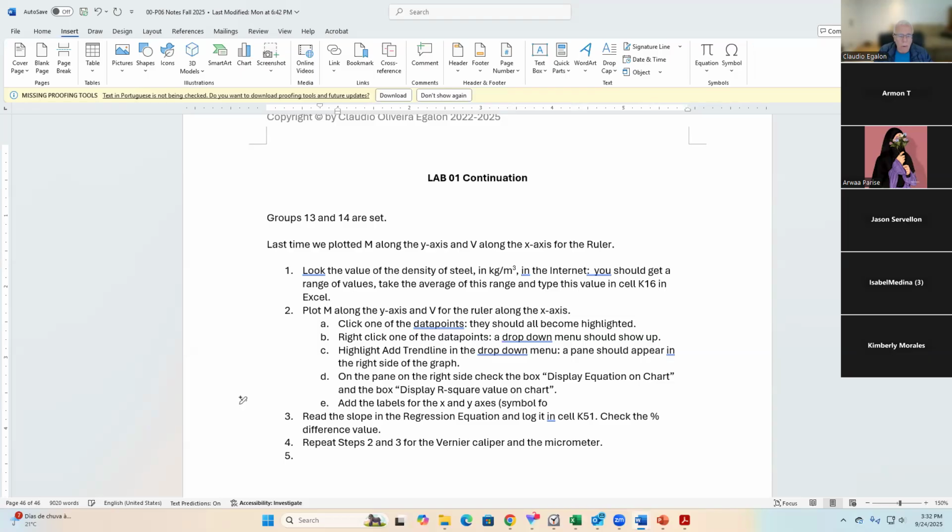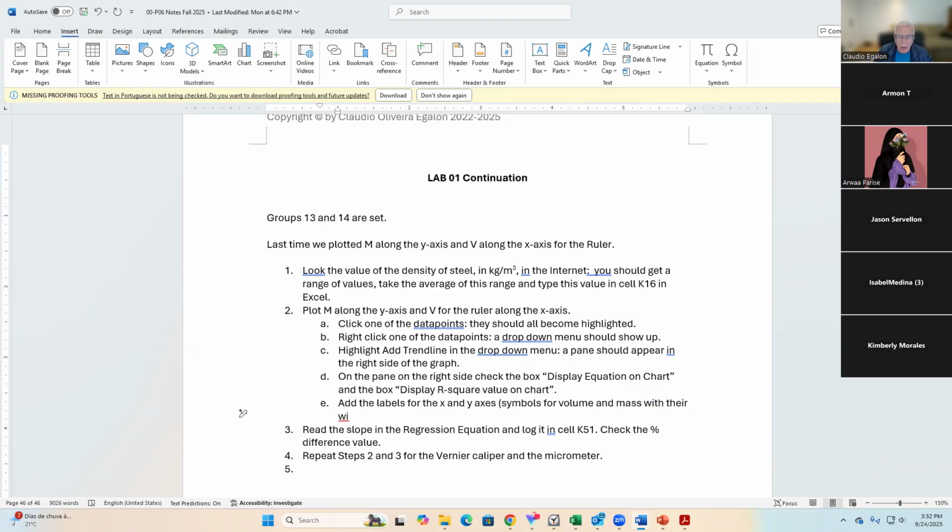Symbol for volume and mass with their respective units.